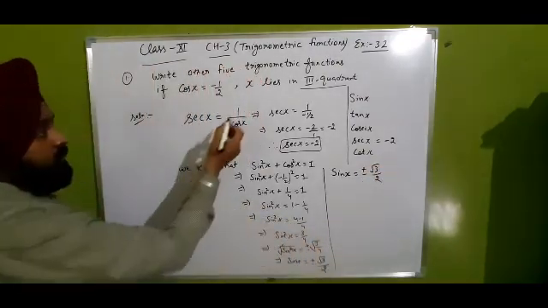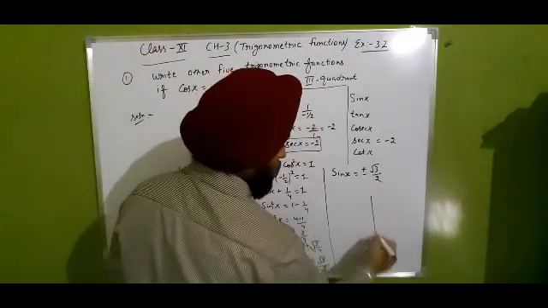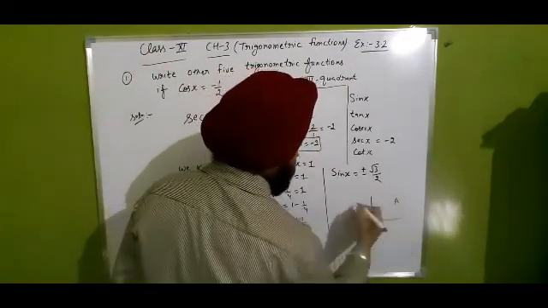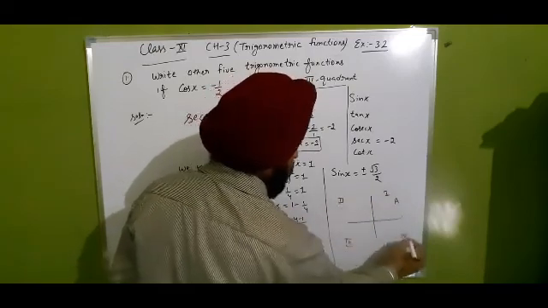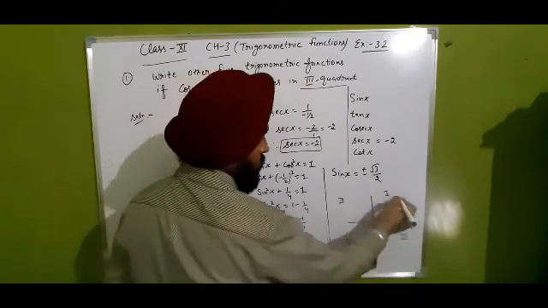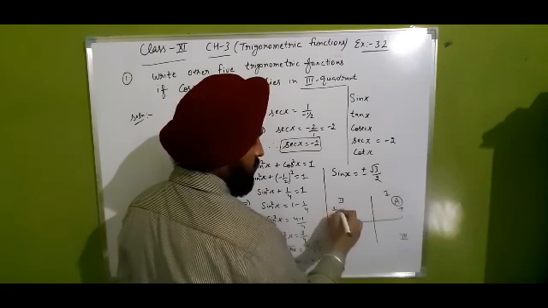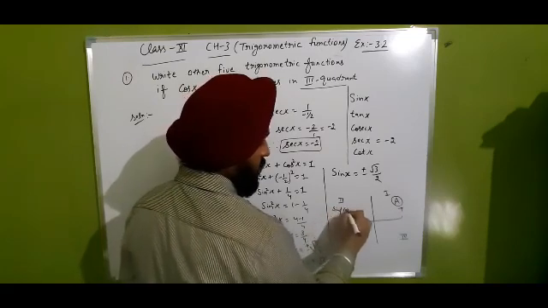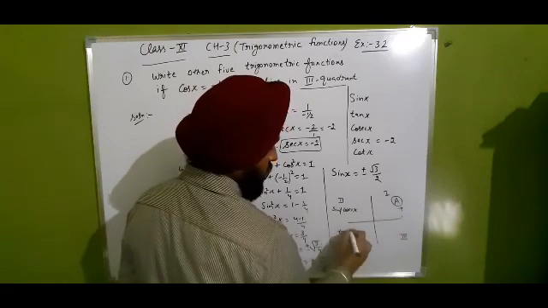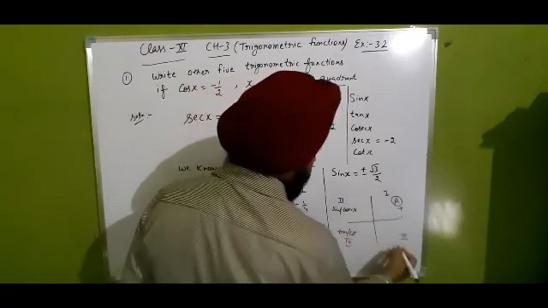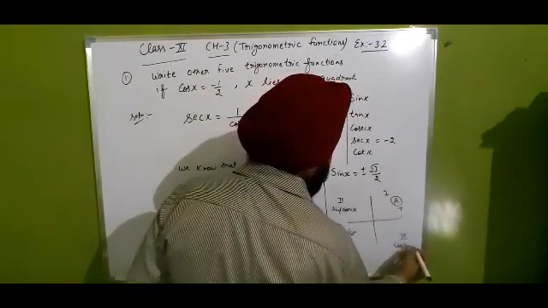Now it is written clearly that x lies in the third quadrant. That is first quadrant, second quadrant, third quadrant, fourth quadrant. In first quadrant all are positive, in second quadrant sine and cosecant are positive, but in third quadrant tan and cot are positive, and in fourth quadrant cos and secant are positive.